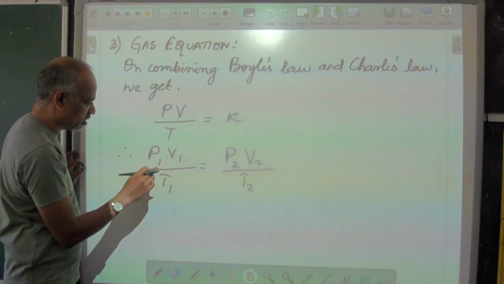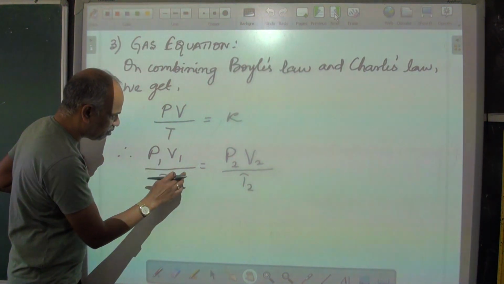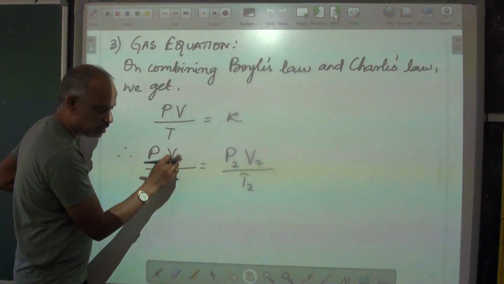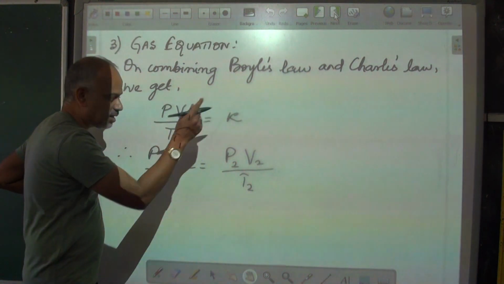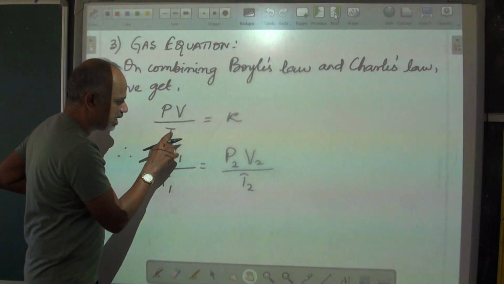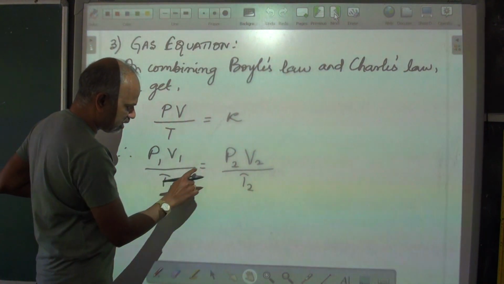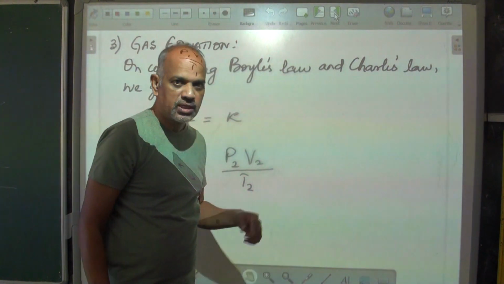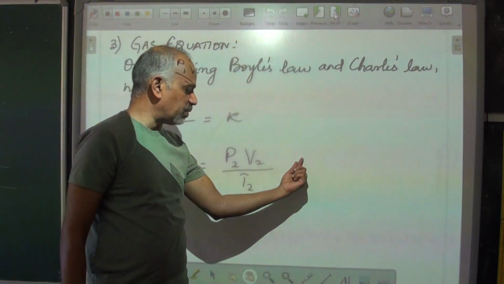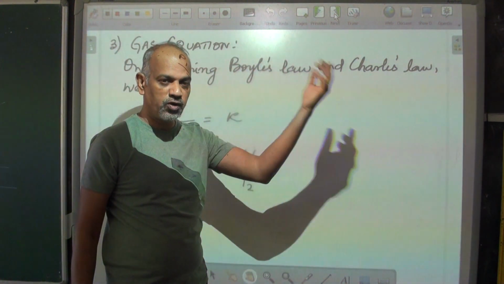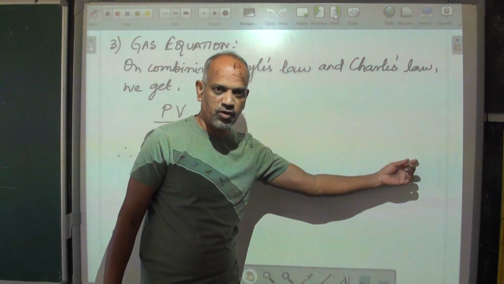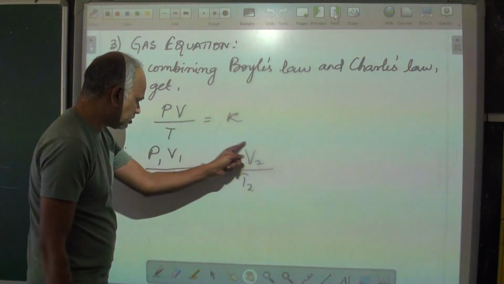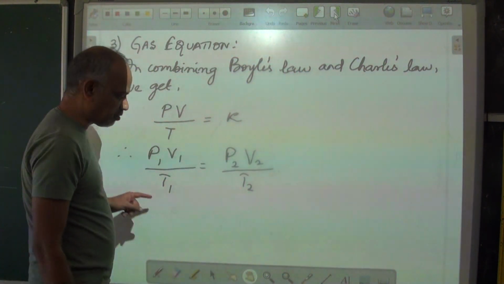So the gas equation is P1 V1 by T1 equal to, for the second place, P2 V2 by T2. You can go on, if there is a third place, then it will be P3 V3 by T3. If there is a fourth place, it is equal to P4 V4 by T4 and so on. It will always remain constant. So this equation is called the gas equation.